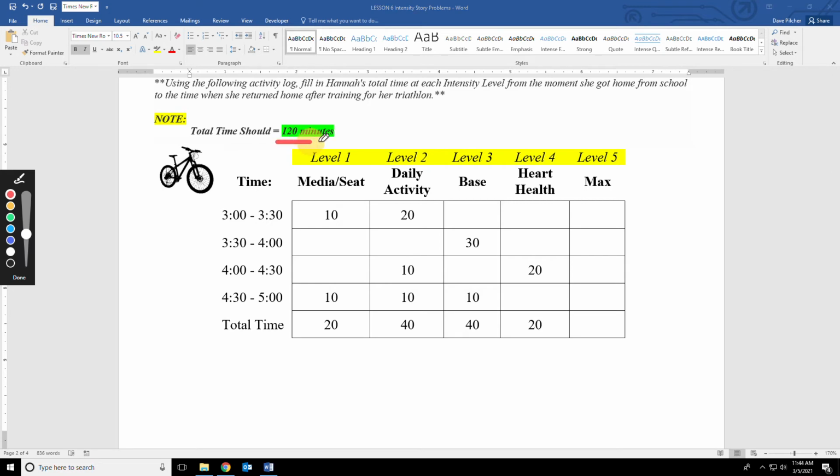So again, 120 minutes is what our total is. So we have 60 minutes here, 60 minutes here. That's a total of 120 minutes. And there you have question number 1.